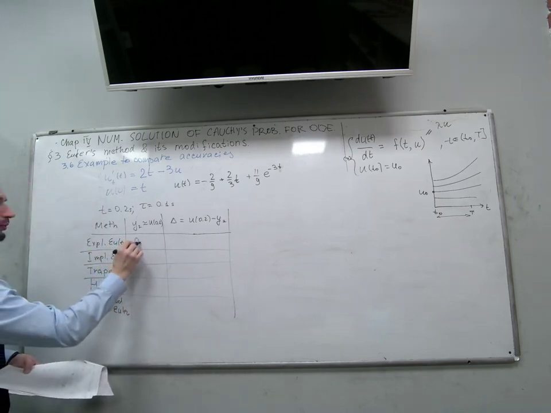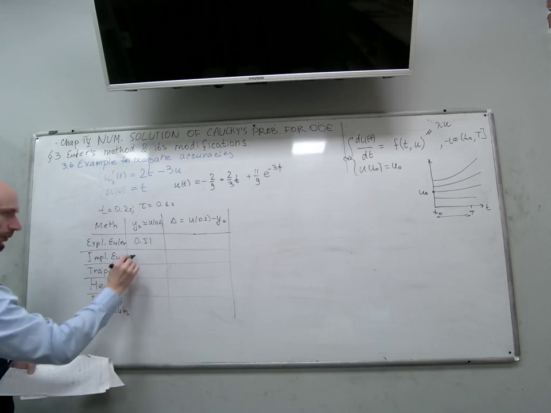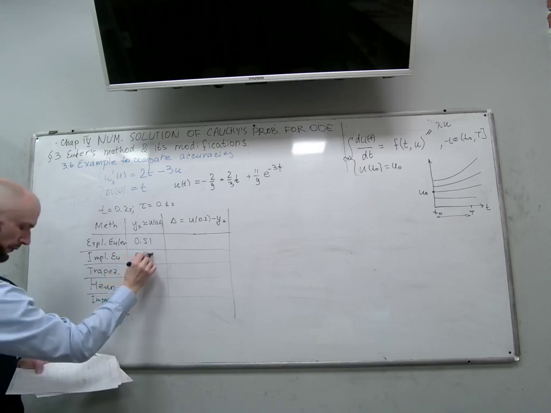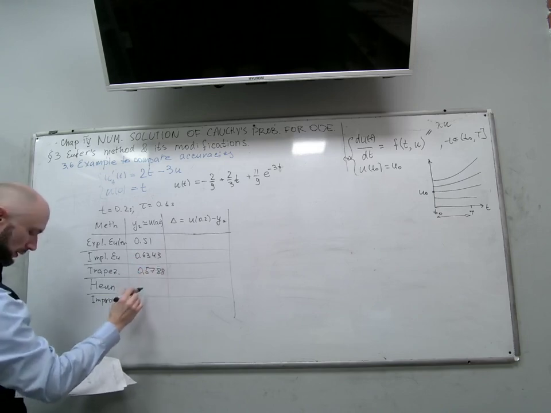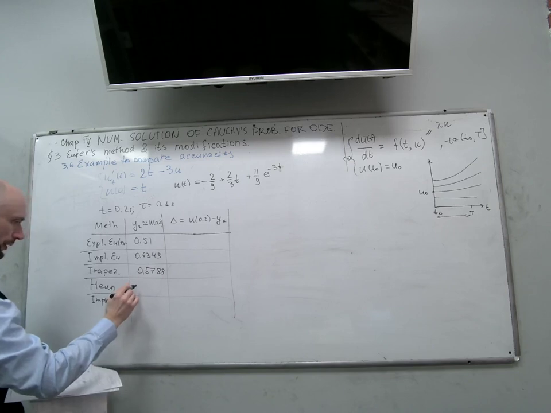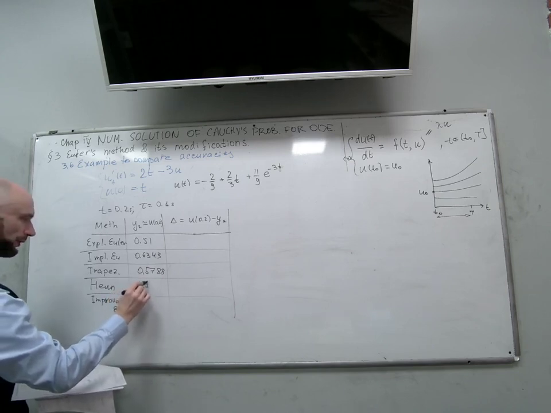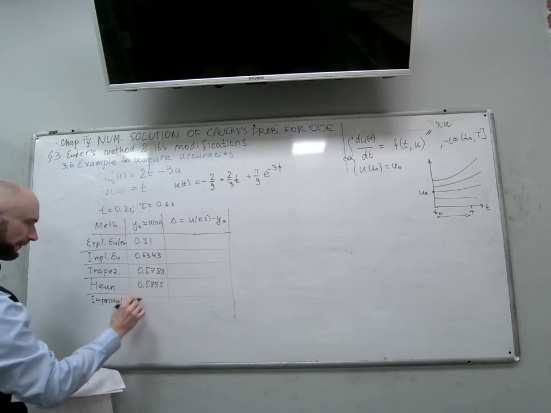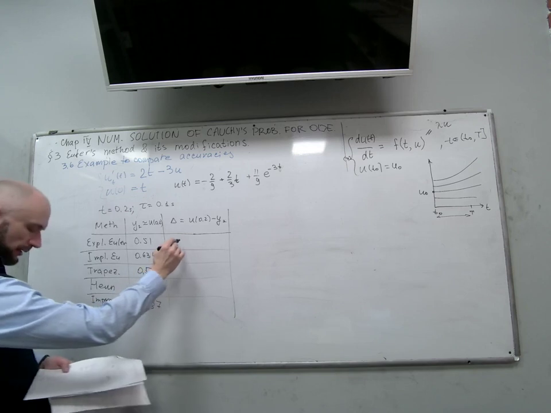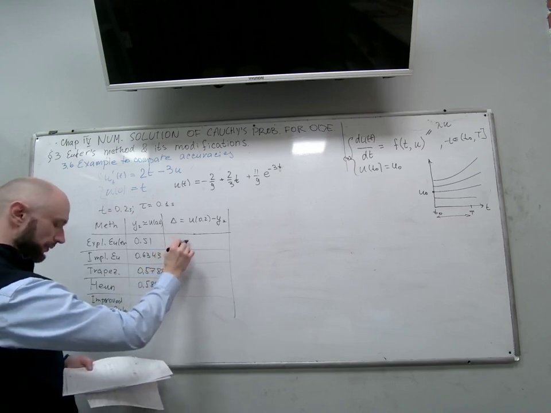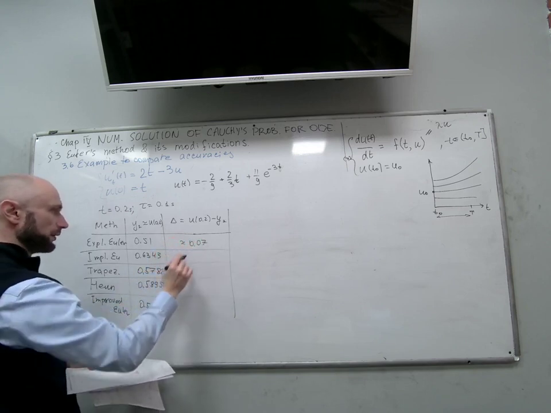So 0.51, 0.6343, 0.788, Heun is 0.5895, 0.587. And the error which we are interested in the most is this.